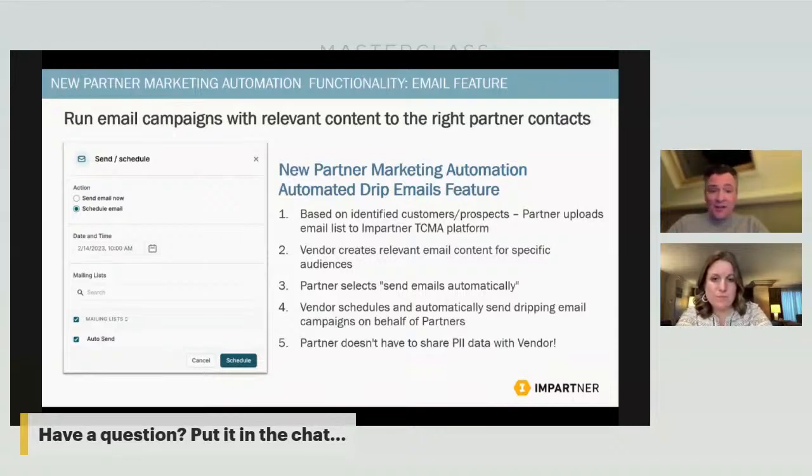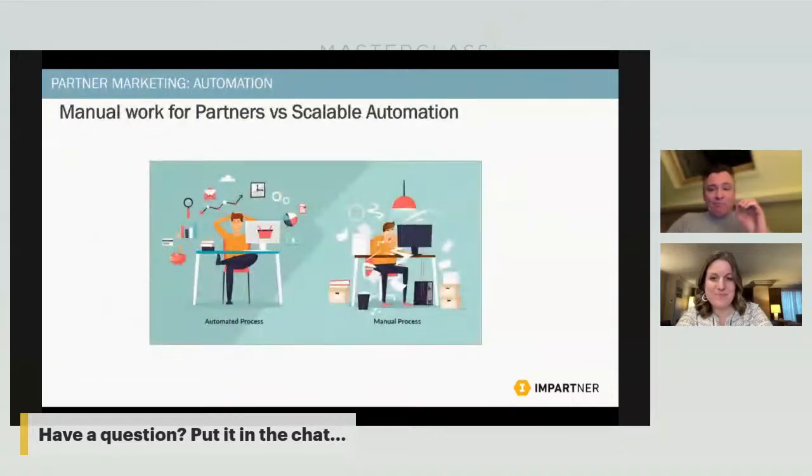So the only thing the partner has to do is upload the list, and that's it. And then you start running a dripping campaign on behalf of them in a joint effort without sharing the data with the conflict. So that will result in definitely better results. And I have some more information about that later on.